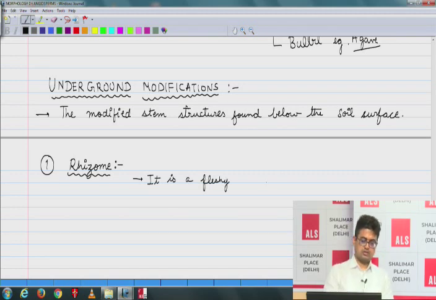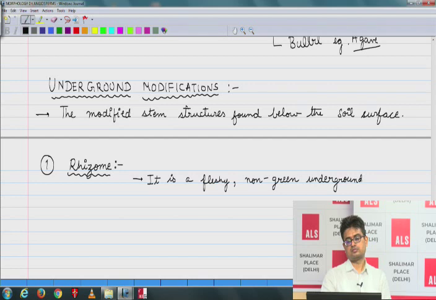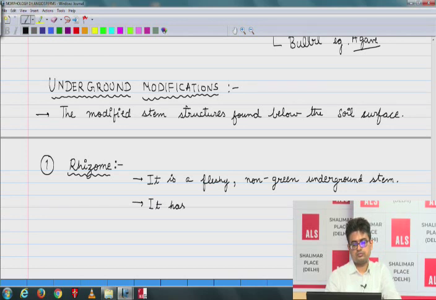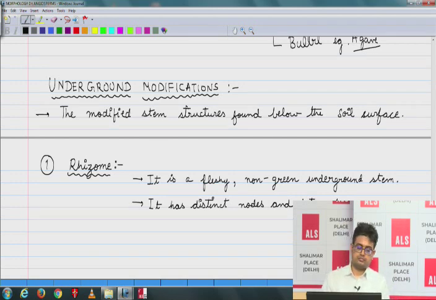It has distinct nodes and internodes. Okay.